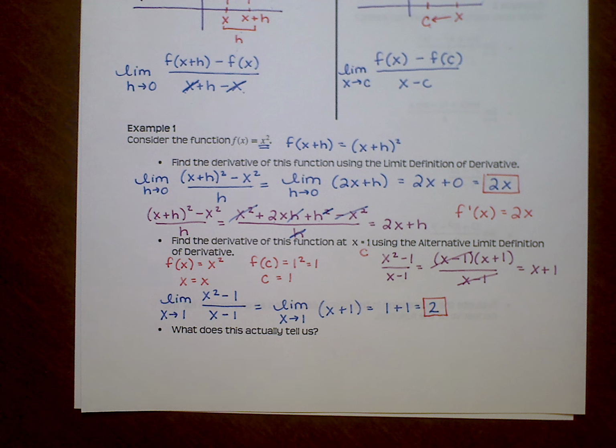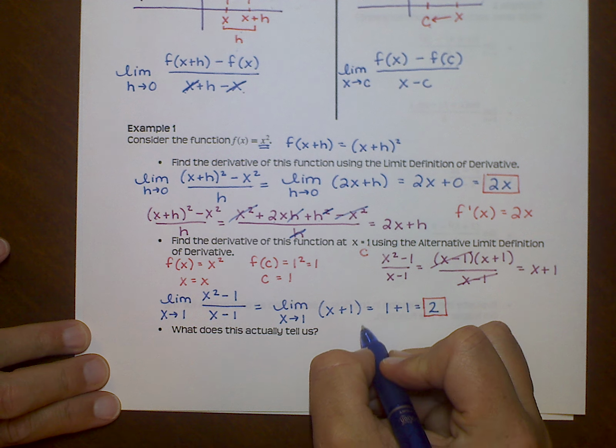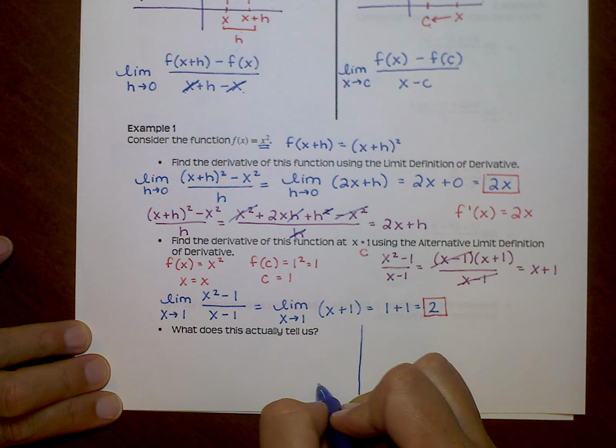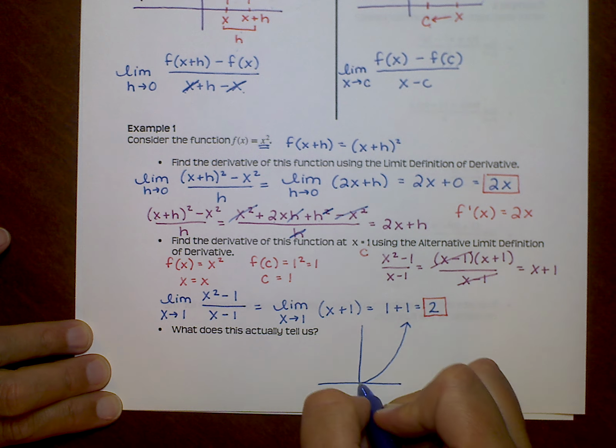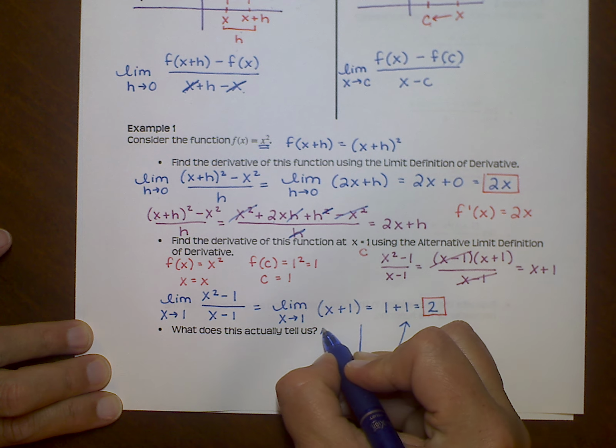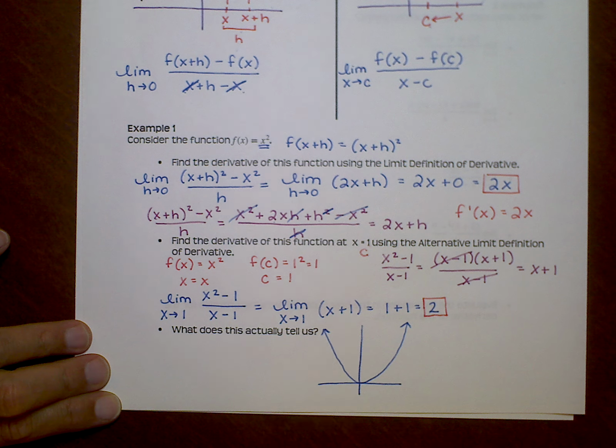So let's see if we can remind ourselves, what does this really represent here? What does it tell us when I say the derivative is 2 at x equals 1? Okay, so here's our function, y equals x squared. Let me draw it like this. And I'm going to focus specifically on this question.